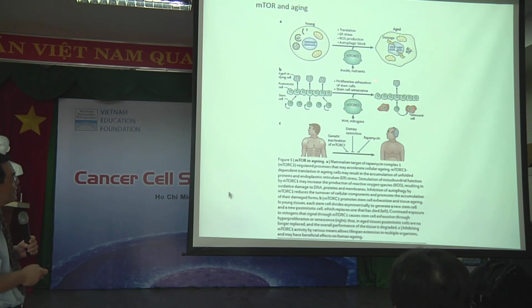So the way to prevent that process, you could use some interventions. In addition, let's take a look at the aging process. As we know, the stem cell is able to continue to replenish with new cells, and once these cells finish their job, in the end we have a normal aging process.